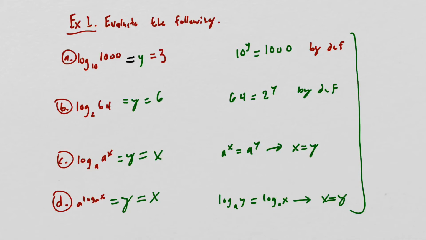Let's go ahead and list some other common properties of logarithms. The first property is that the logarithm base a of 1 is always equal to 0.